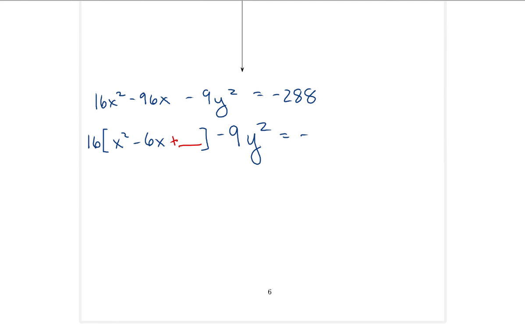So now we just have to remember on this right side, okay, yes, I want to add this red blank, but I really want to multiply it by 16 also. So it's plus 16 times what's in the red blank there. All right, so we know that we want to add half of that middle term squared.